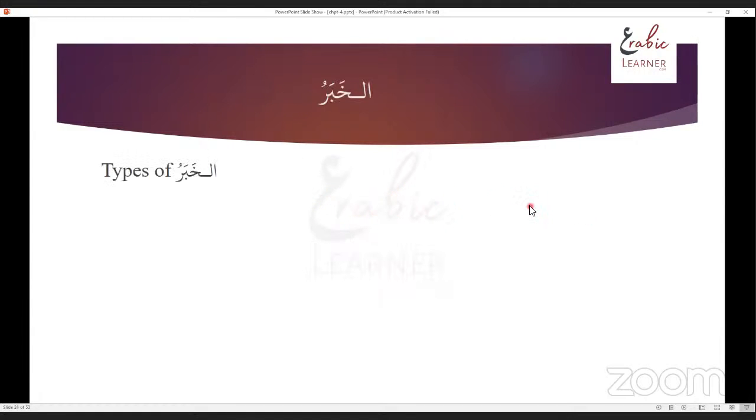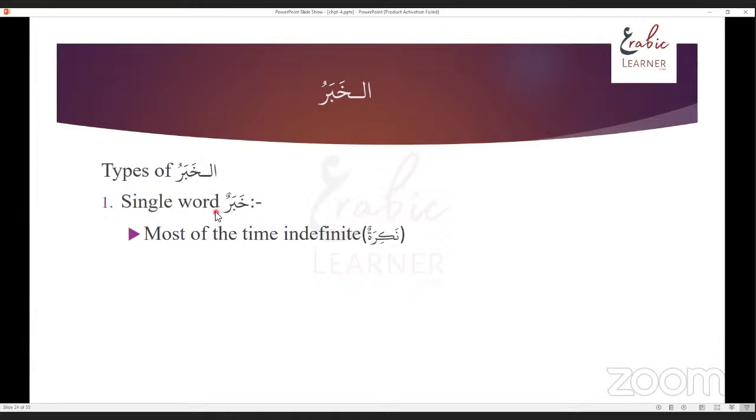So let's see what the different types of khabar are. What are the different types of khabar that we have learned till now? Single word. And most of the time, single word khabar is nakira. And when it is single word khabar, it is always marfu. Remember, this is a rule.